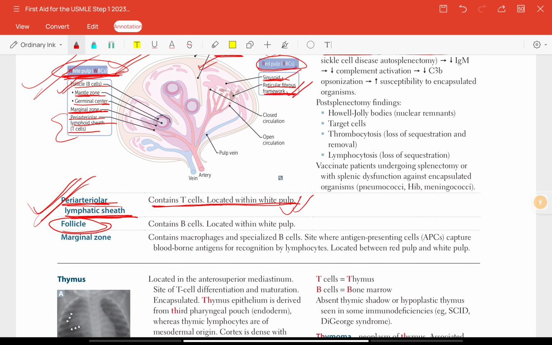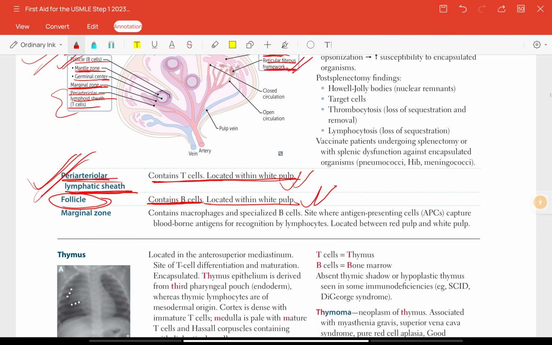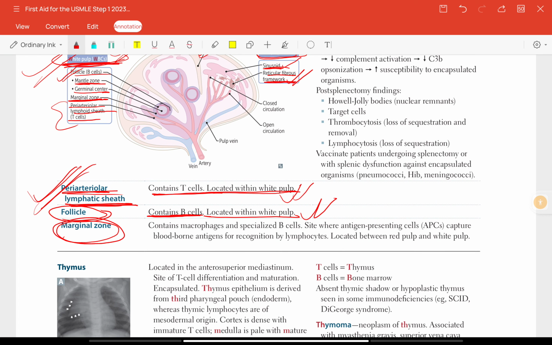Similarly, the follicles contain B cells located within the white pulp. The marginal zone contains macrophages and specialized B cells, the site where antigen presenting cells, APCs, capture blood-borne antigens for recognition by lymphocytes.